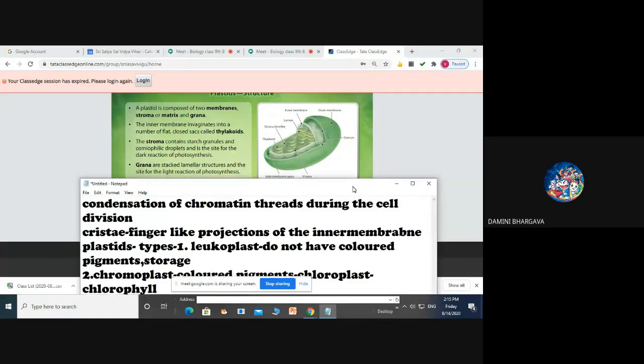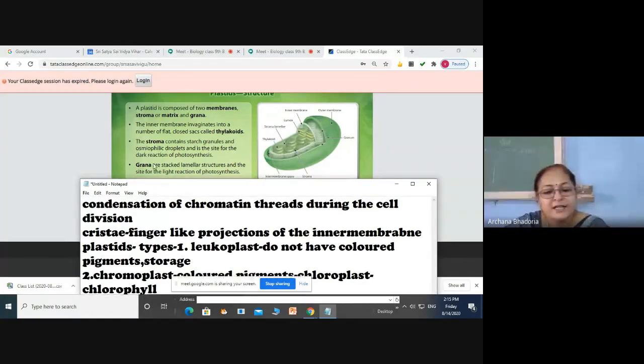Grana lamellae. So you write down grana, they are stacked lamellar structures. What does it consist of? Thylakoids. So I'm dictating, you write down grana lamellae.